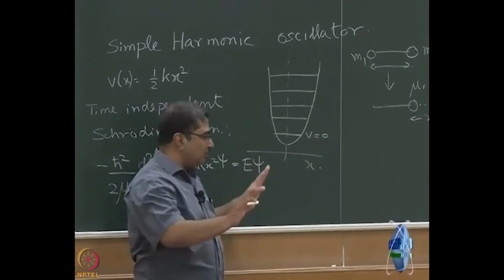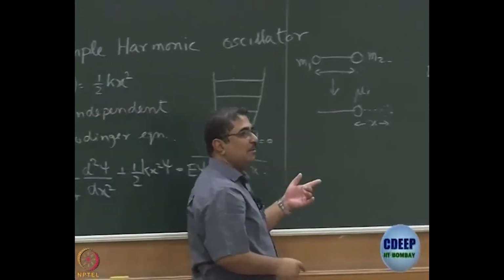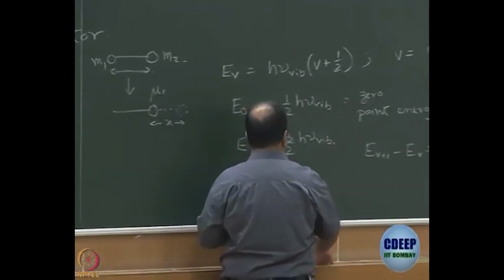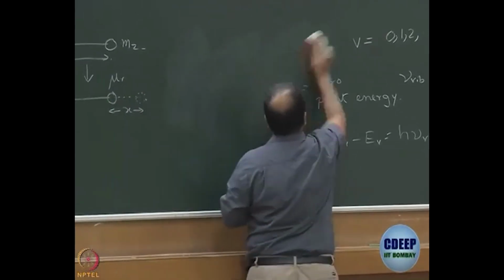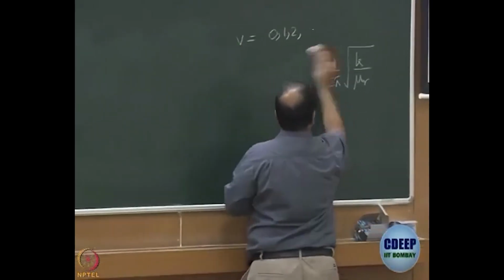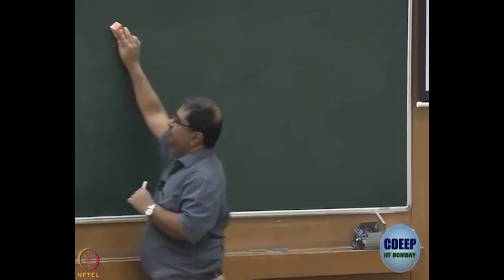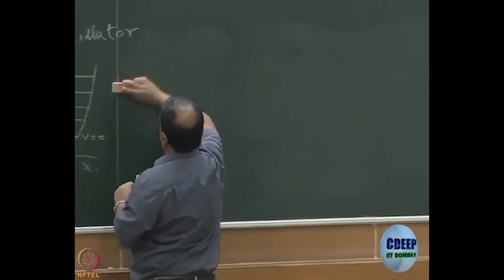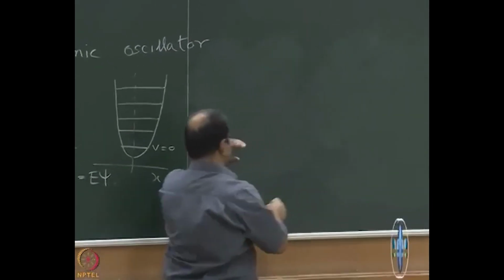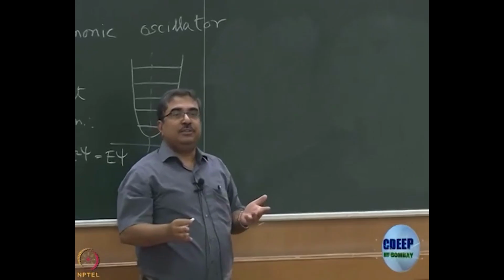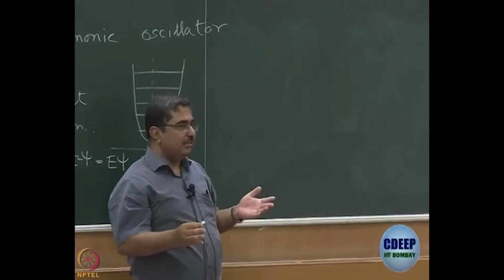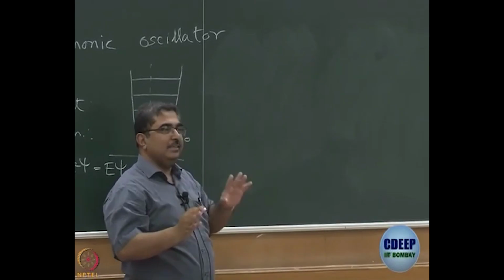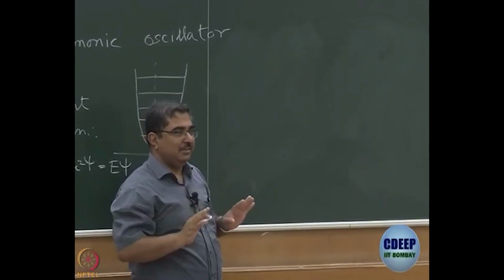Now that we have talked about energy, let us talk about populations quickly and then we move on to the wave function. Again we use a concept that we have discussed for your rigid rotor, very simple, it is your Boltzmann distribution.